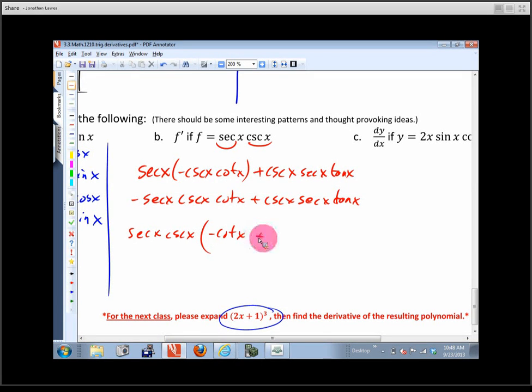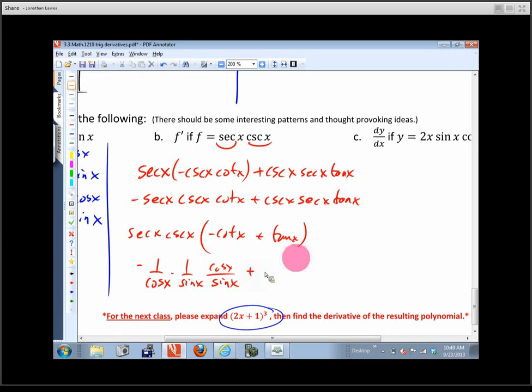Let's try this. Cosine x, sine x, cosine x, sine x, right? Plus sine x, cosine x, sine x, cosine x.